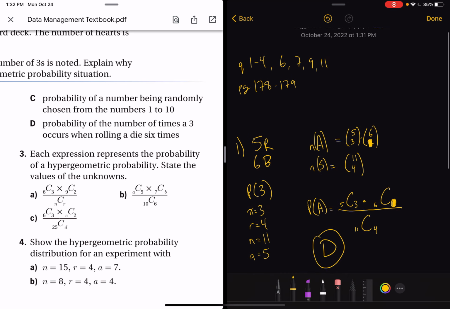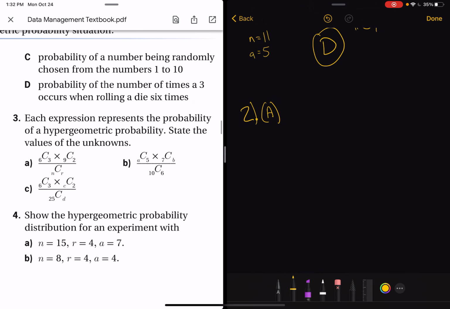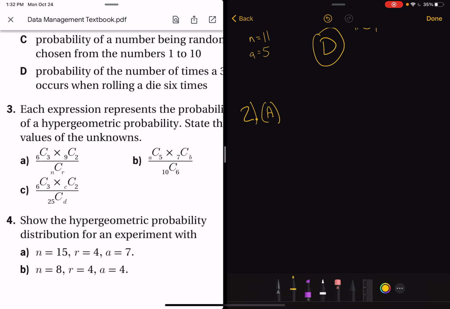Okay, let's look at the next thing. Question 3. Each expression represents a hypergeometric probability. State the values of the unknowns. Okay, so let's look at A. Here we have 6 choose 3 times 9 choose 2 over N choose R. So how many things are we choosing?